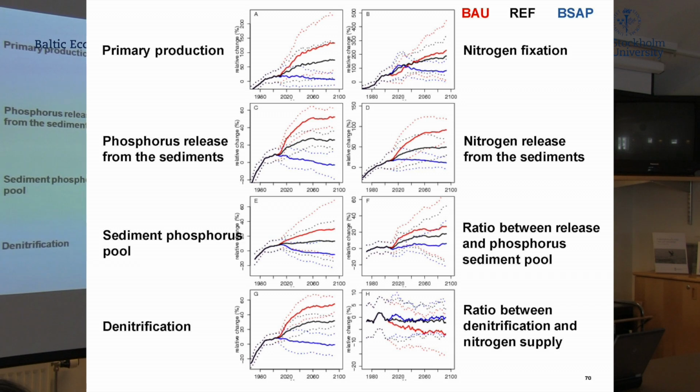So first, what is the main change? The idea was to look at the fluxes between the different pools and to understand what might be the response to warmer climate, warmer water, and what might be the response to increased or reduced nutrient supply.